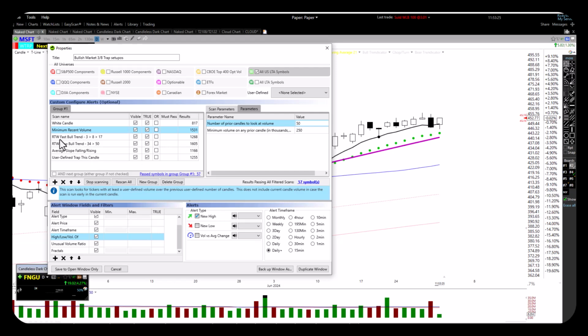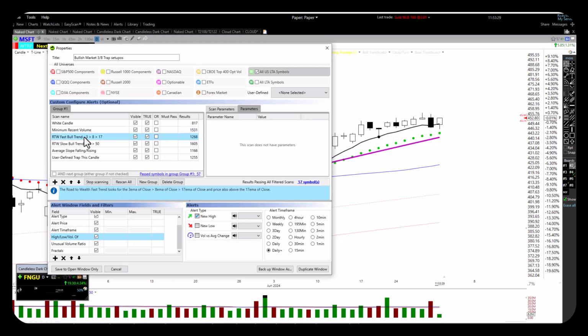The next thing is I want the Road to Wealth bull trend fast. That's just saying you want the 3 exponential over the 8 and the 8 over the 17. Now, Karen, you can go ahead and start building this if you want. You clearly already have an understanding. I'll just talk through this and give you a chance to build it while we're talking.